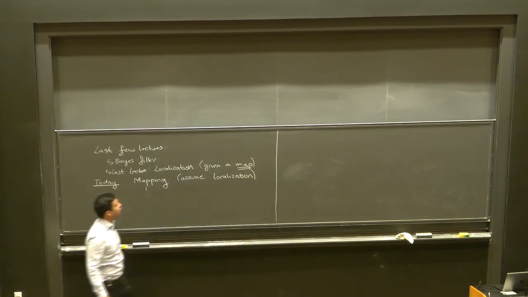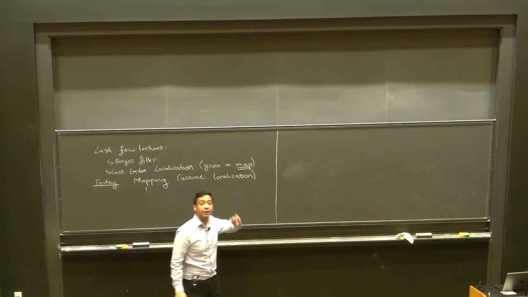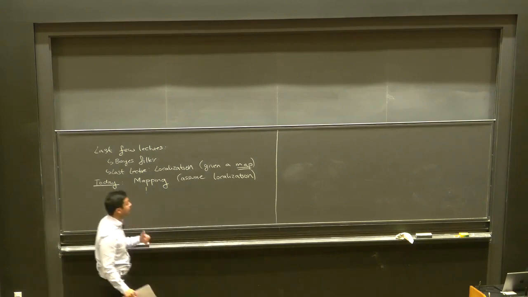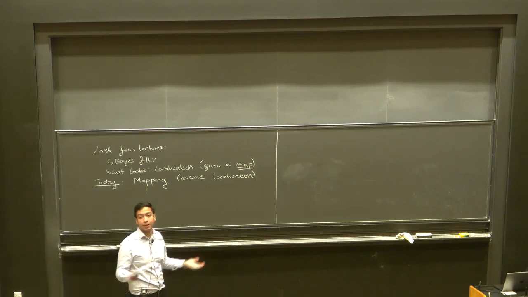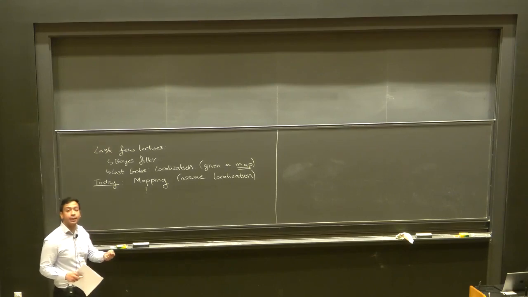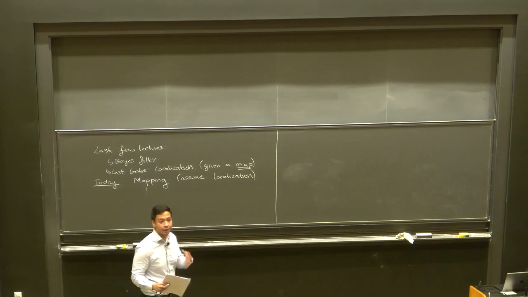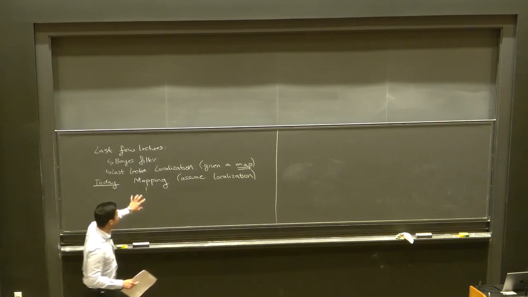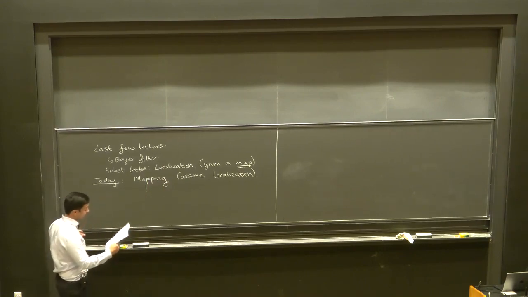Concretely, think about a setting where the robot has a GPS, a global positioning system, that gives it its location in some global coordinate system, some global reference frame. So it knows its location, but it doesn't know what the surrounding environment looks like, where the obstacles are, and so on. That's what it needs to figure out. That's what I mean by the problem of mapping in this context.